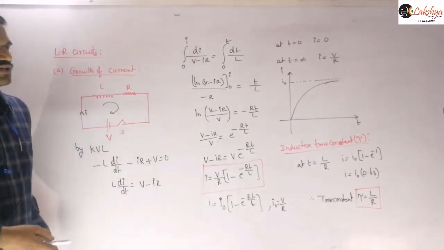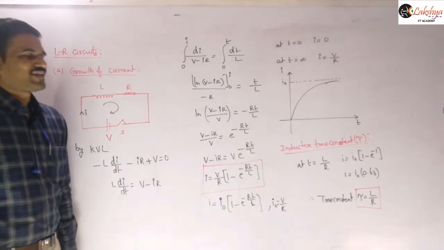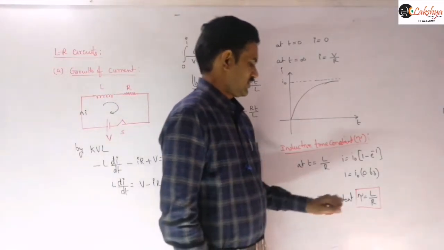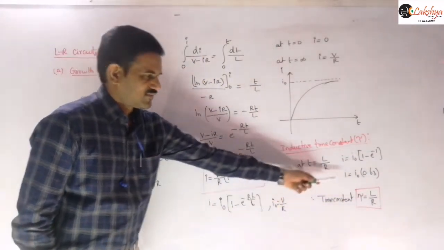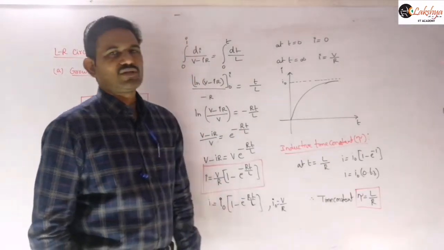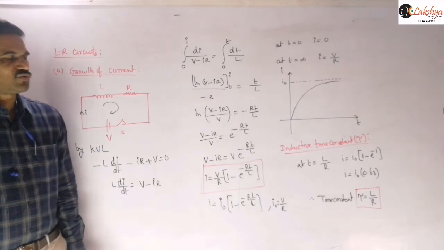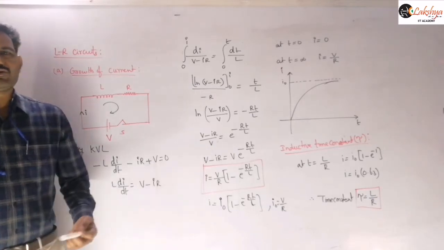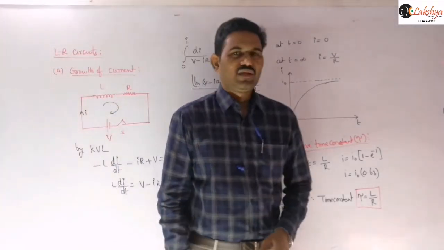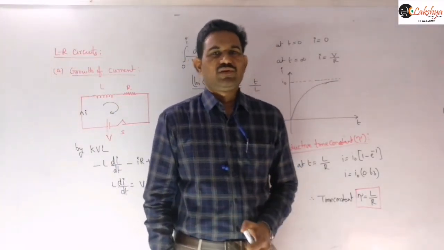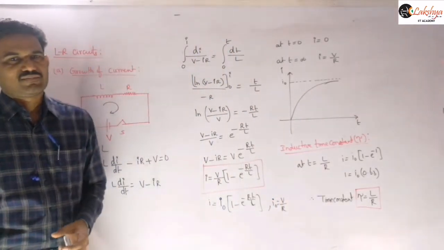So just mention the definition there, after 0.63 I naught. Therefore the time taken by the current to increase its value to 63% of the maximum current is called the inductive time constant.